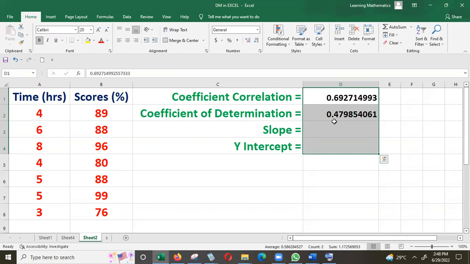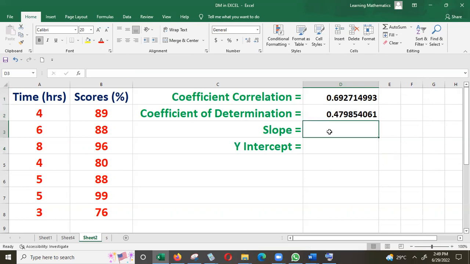That's how you interpret the coefficient of determination: 48% of the variation in score is due to time. And 0.69, almost 0.7, shows a strong positive correlation, meaning that when time increases, your score increases.